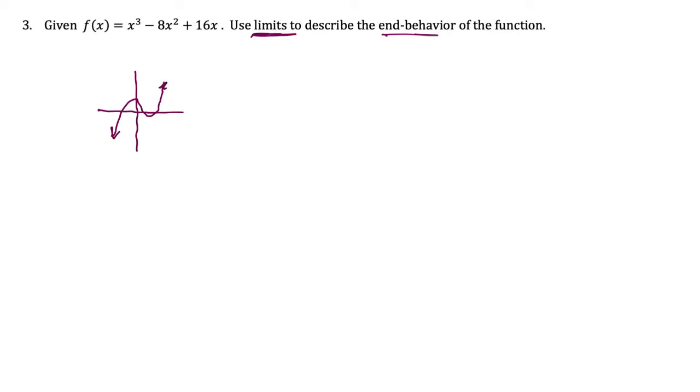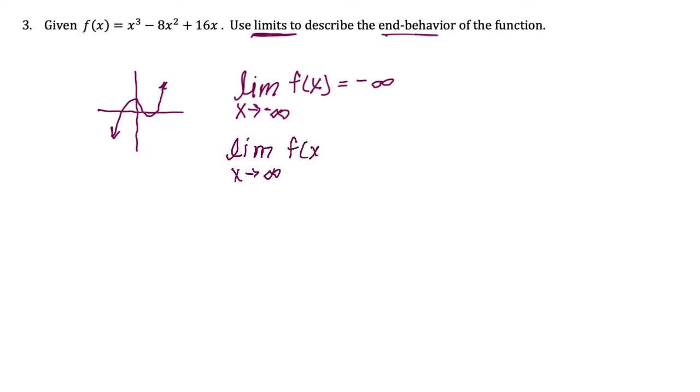So if we're talking about our limits, then the limit as x approaches negative infinity of our function is going to be negative infinity if you're approaching negative infinity. And then the limit as x approaches positive infinity of the function is going to be positive infinity.